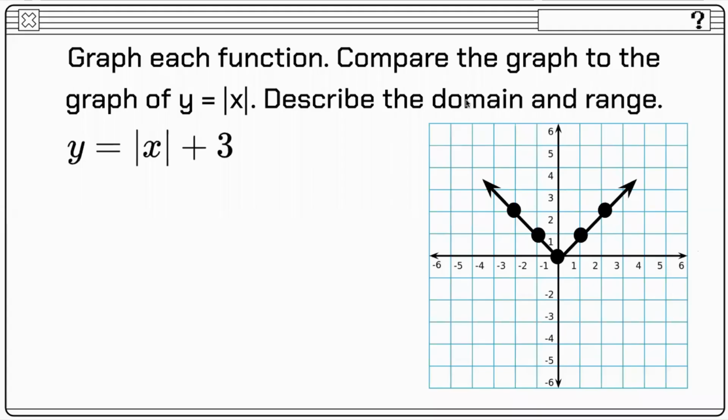Your translation in this problem is going to be up 3 units. So all you have to do is take all the points of your original function and translate them up 3 units.